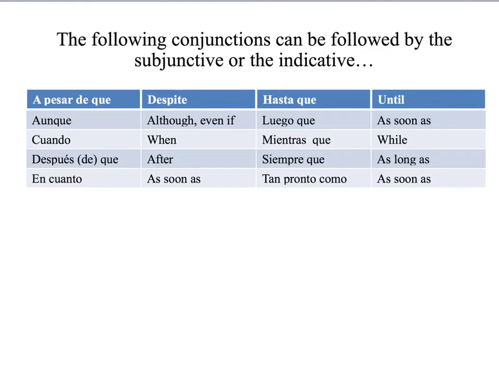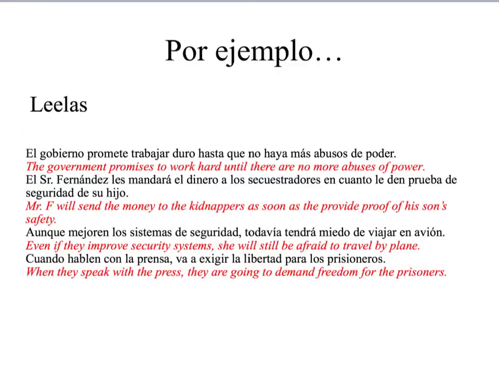The following conjunctions can be followed by the subjunctive or the indicative. Be sure to take down those notes. Por ejemplo, read them. El gobierno promete trabajar duro hasta que no haya más abusos de poder. So we use our hasta que. The que calls for the subjunctive. Here's our subjunctive right there.